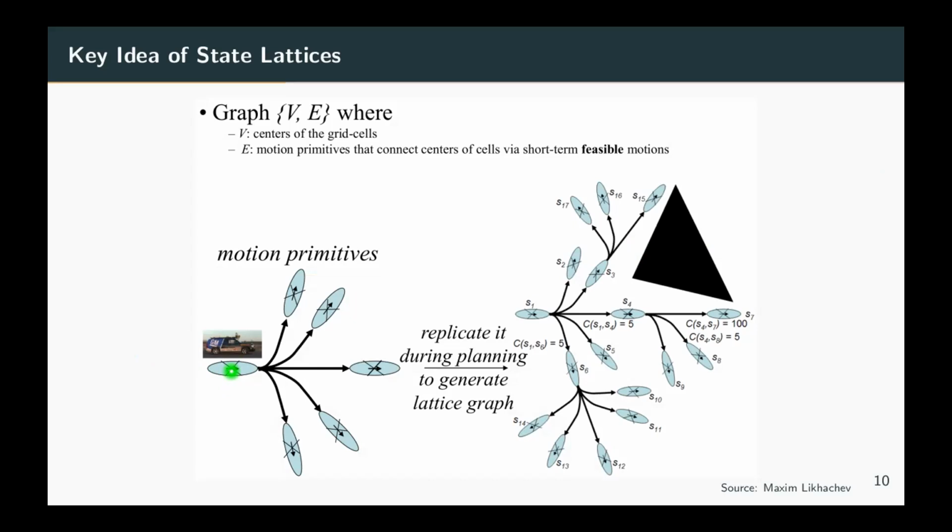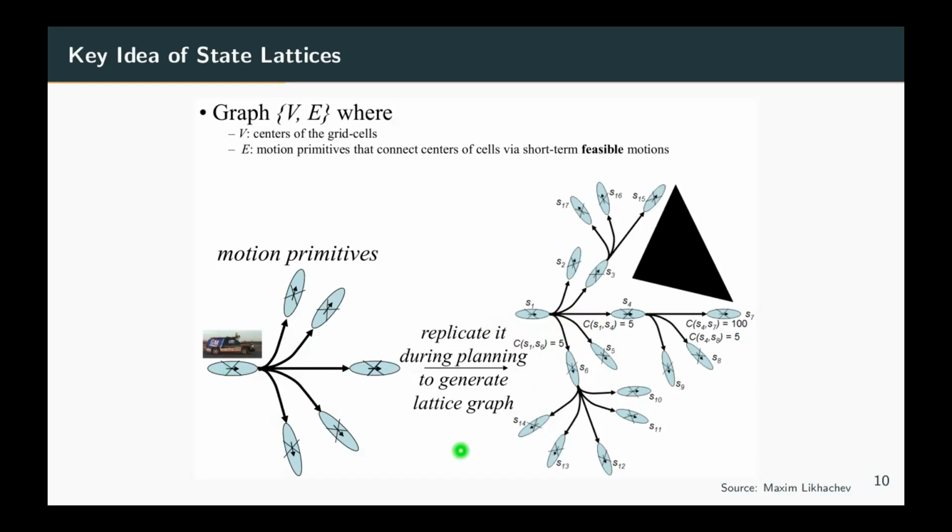And the idea here is to use something that is known as a state lattice, where you have as edges motion primitives, and you can use these motion primitives and replicate them many different times in order to generate a lattice graph.